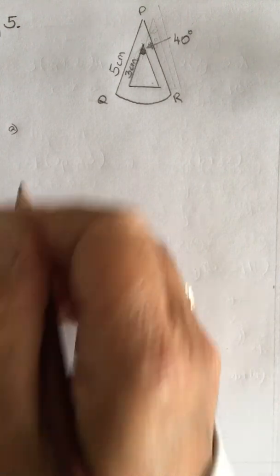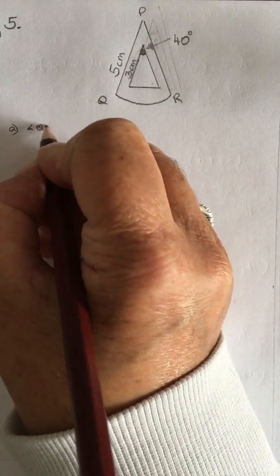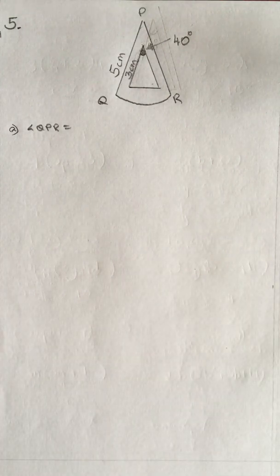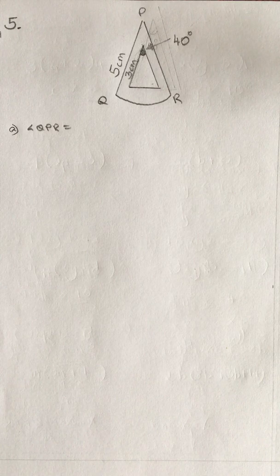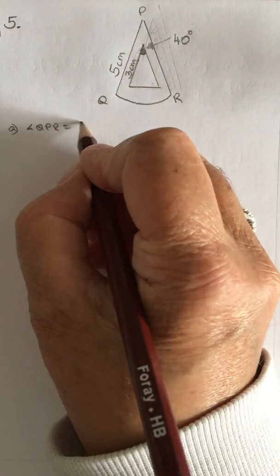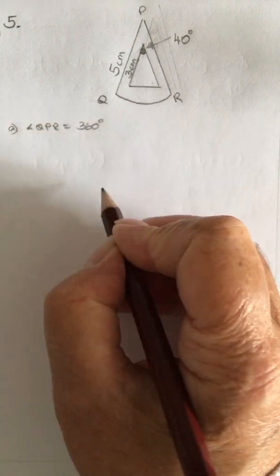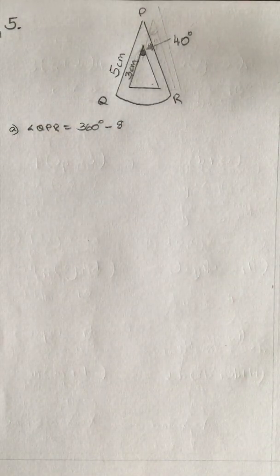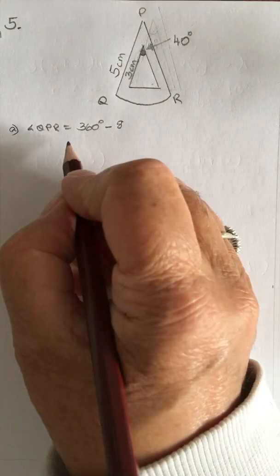So all you're doing there, angle QPR, is a fraction of the whole circle. Now it said there were 8 sectors or 8 pieces of cheese in the circle. So you take the 360 degrees, which is the whole circle, you divide by 8, because there's 8 triangles in the circle.